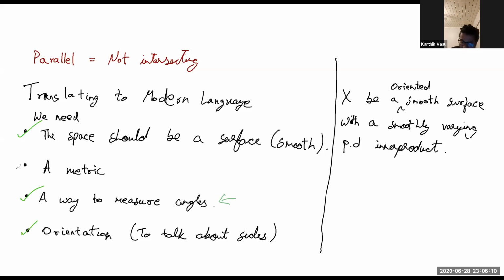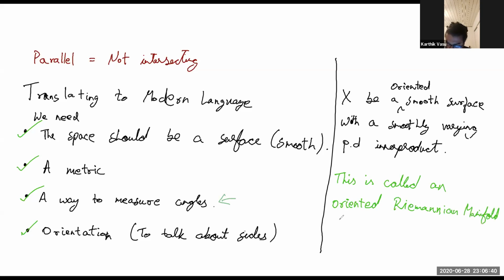It also has a metric implicitly defined, which might not be direct from the definition, but it has one implicitly there. So this is what is called a Riemannian manifold, and most of what we do will be in the Riemannian manifold setting, and this is sort of motivation for why we are doing it here.